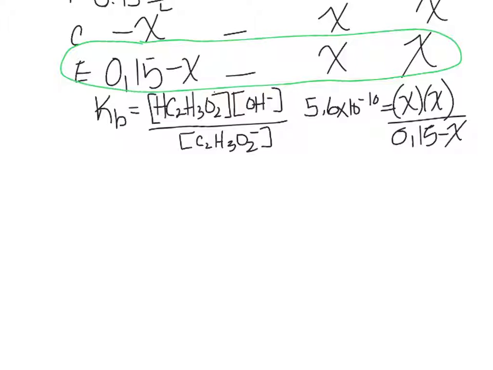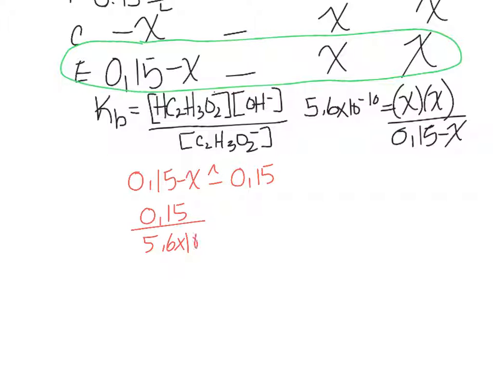If you want to do the quadratic equation, go ahead. The rest of us are going to make the assumption that 0.15 minus x is 0.15, because 0.15 divided by 5.6 times 10 to the negative 10 is way greater than 1,000.